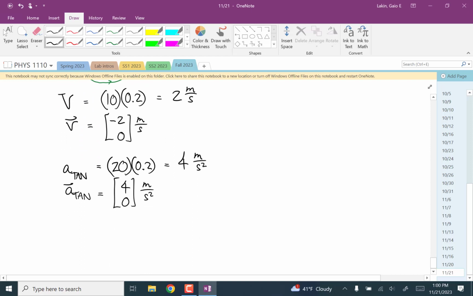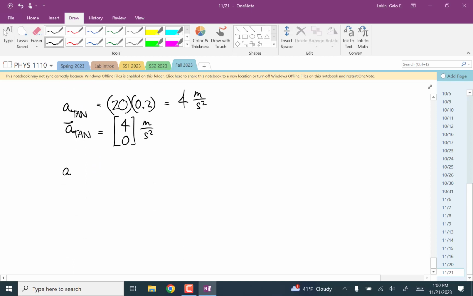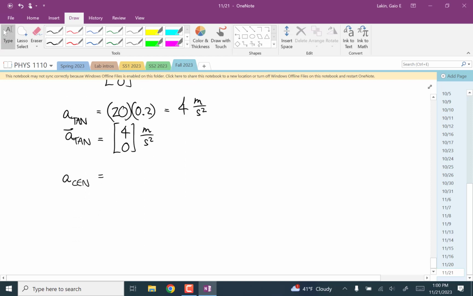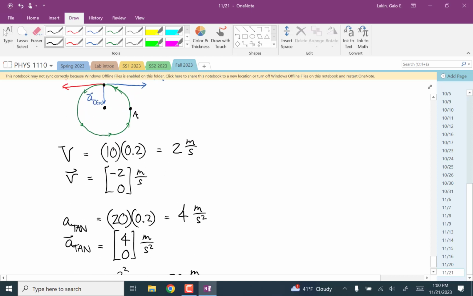And now the centripetal acceleration, the magnitude is v squared over r, so that's 2 squared over 0.2, which is 20 meters per second squared. We figured out that it's in the negative y direction.